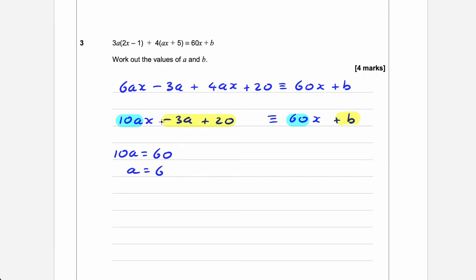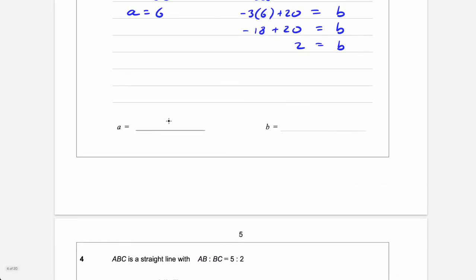That's pretty easy. And then this one, minus 3a plus 20 equals b. We know a is 6, so minus 3 times 6 plus 20 equals b. Minus 3 times 6 is minus 18, plus 20 equals b, and then b is equal to 2. Okay, so once you know, guys, to equate coefficients, nice easy question. You can write it down here, guys, obviously 6 and 2.